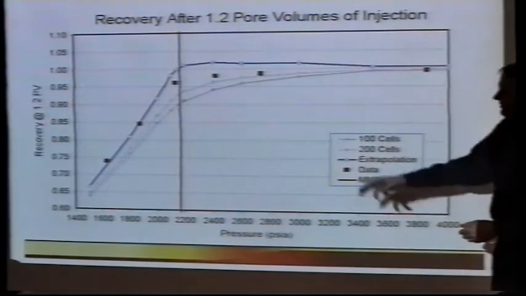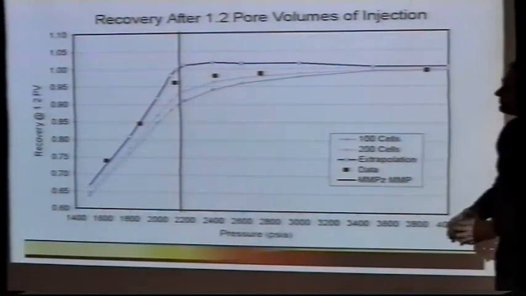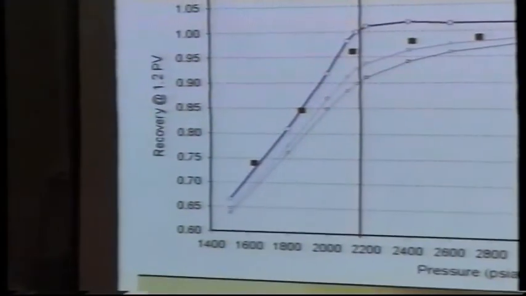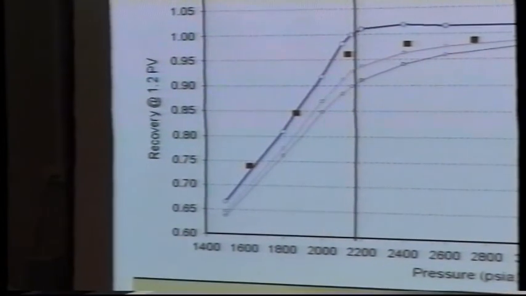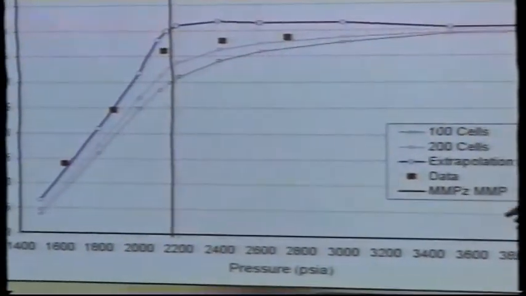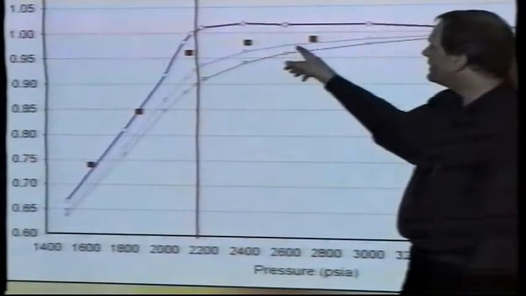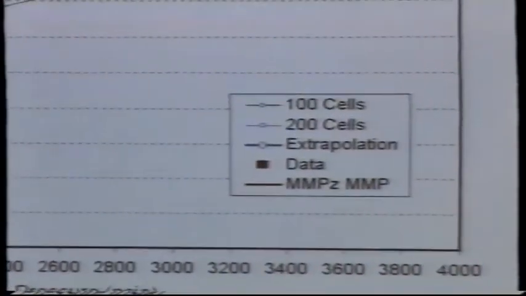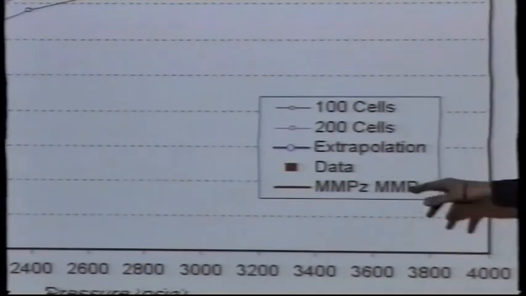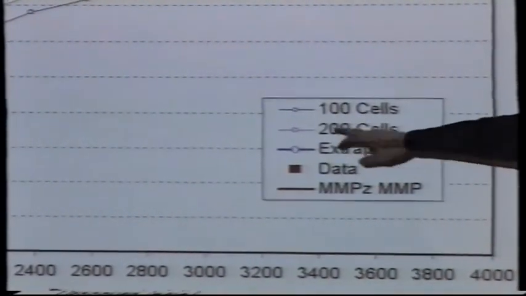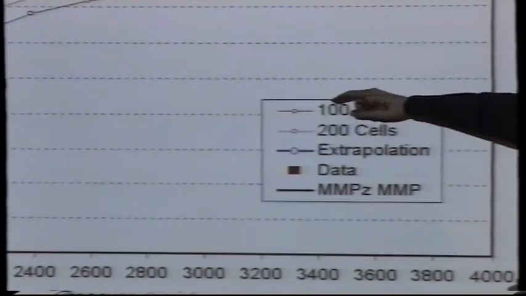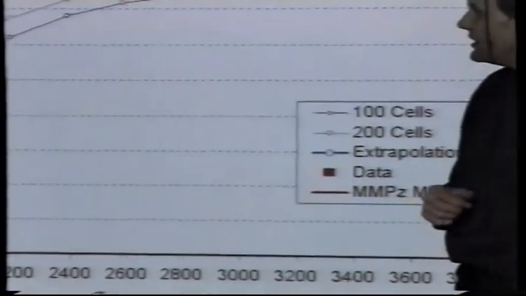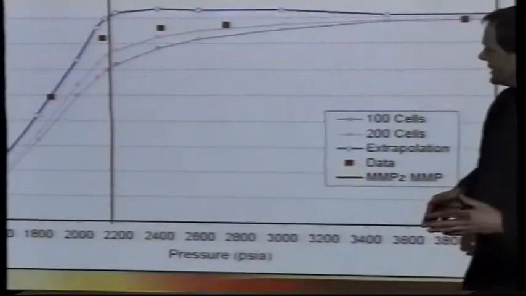Now what we have here is recovery at 1.2 pore volumes from a slim tube, either displacement or simulation, versus pressure. The red squares are the data from the physical experiments, and the purplish bluish curves are the results from a slim tube simulation.